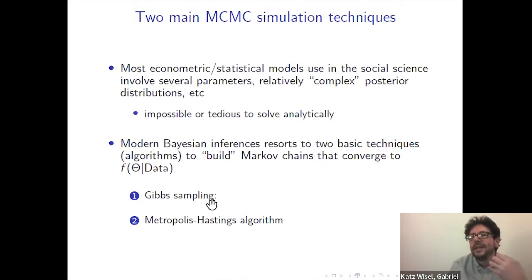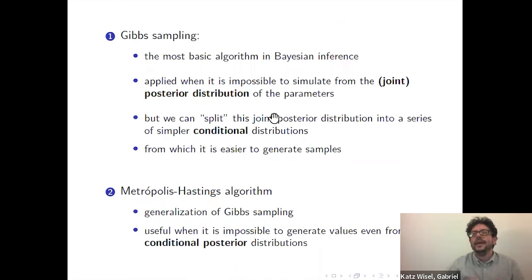So let me tell you in a nutshell what these two main algorithms, the Gibbs Sampler and the Metropolis-Hastings algorithm, do. The Gibbs Sampler is the most basic algorithm used in modern Bayesian computation. It is applied when I have a model with several parameters.